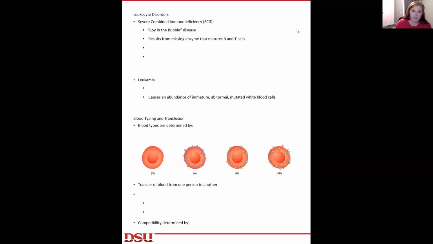Because normally the immune response can take 7 to 10 days for your body to ramp up enough to kill it. That's where those B and T cells come in. Because if you've had a vaccine, the B and T cells are already looking for it as the assassins. And in SCID, they're not there, they don't mature, and therefore there aren't any assassins on the loose.